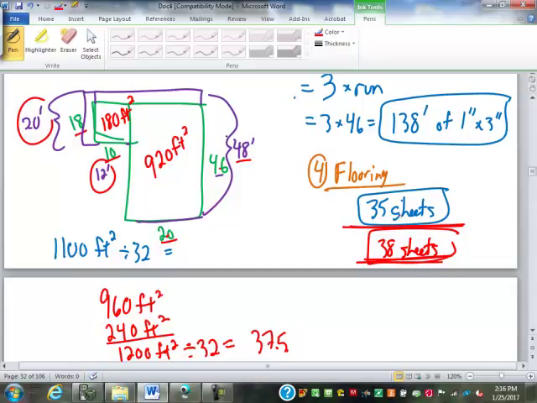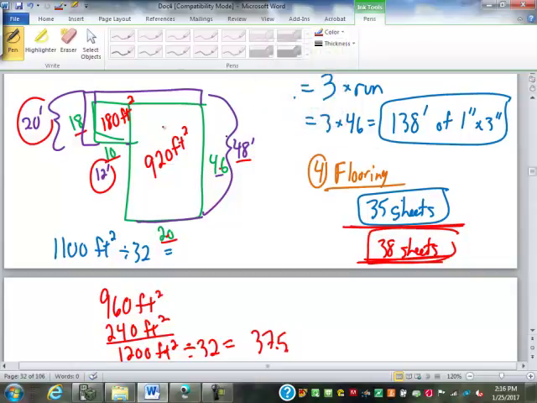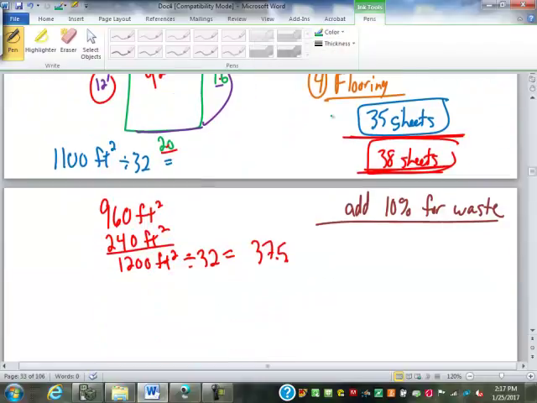If you're doing the 35 sheets, and you're not adding or modularizing your dimensions, usually you're going to add a waste factor. We went over this a little bit last semester, but let's say I want to add 10% for waste. That means we want the whole amount, 100%, plus an additional 10%.